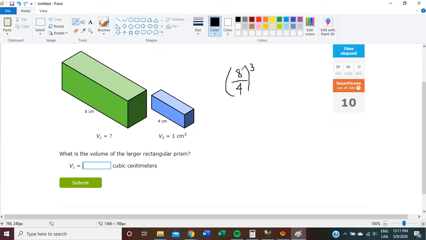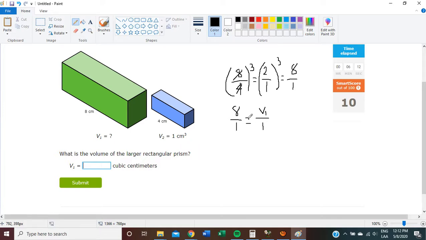Okay, so as I told you, you can reduce this, and it is going to be 2, 1 elevated to the power of 3, which is 2 times 2, 4 times 2, 8. And 1 elevated to the power of 3 equals 1. So 8 over 1 equals V1 divided by 1.